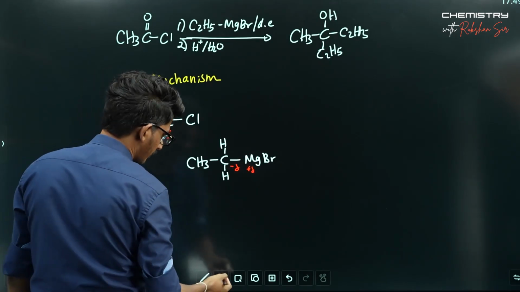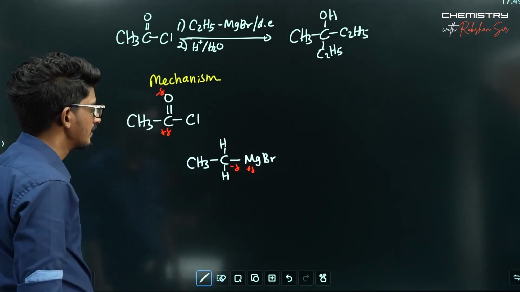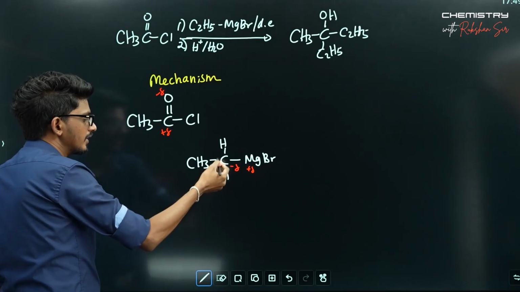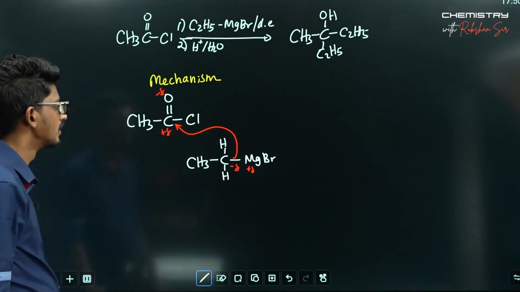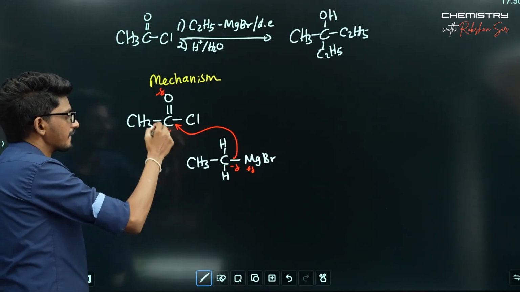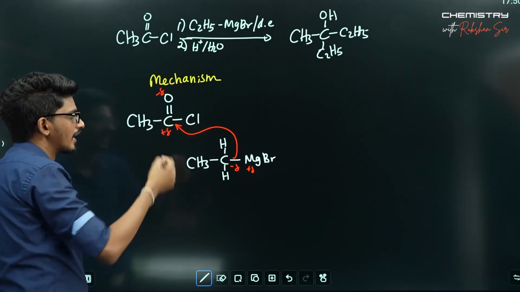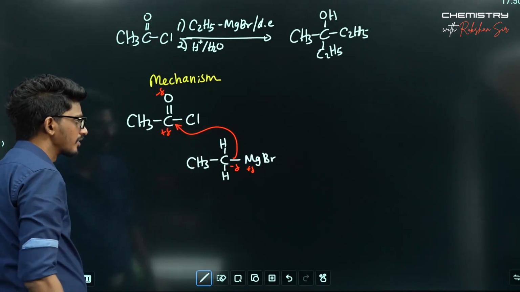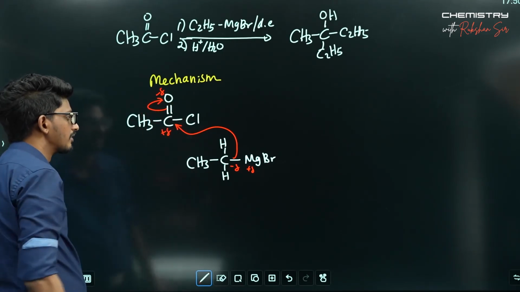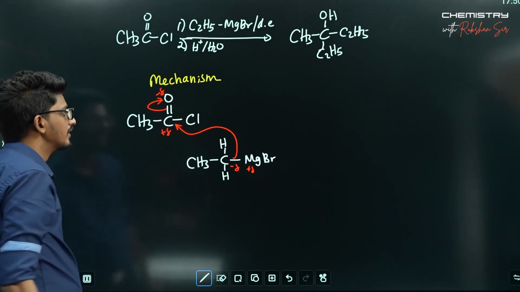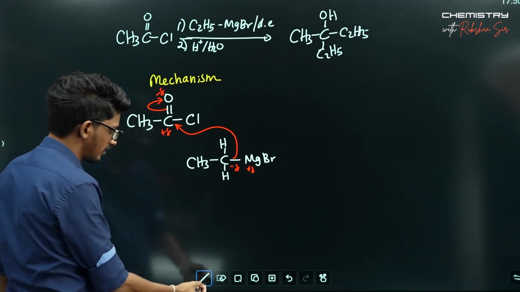So what will happen? This negative carbon will attack this positive carbon with the use of this electron pair, so that when this carbon forms a new bond, it has to leave one of the existing bonds. So the weakest bond will break. The pi bonds are weaker than the sigma bonds. So the weakest bond, the pi bond, will break first.